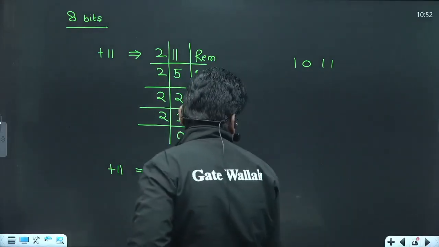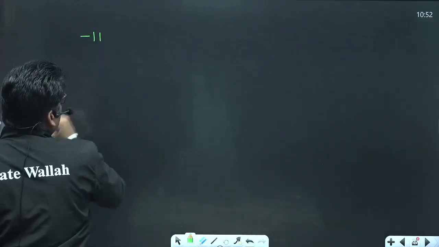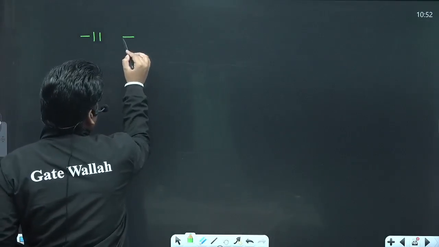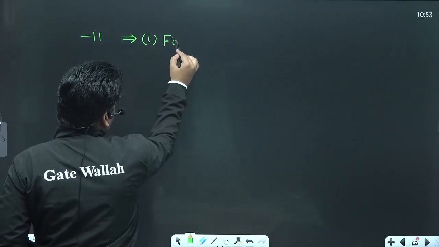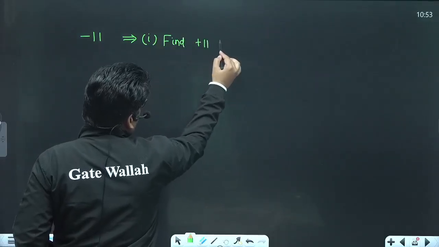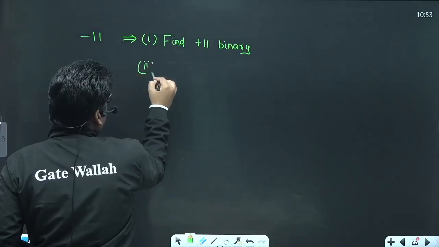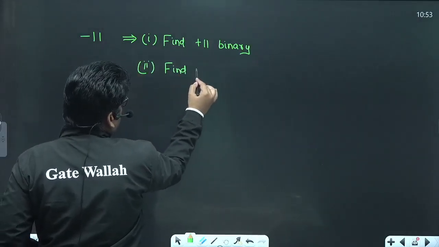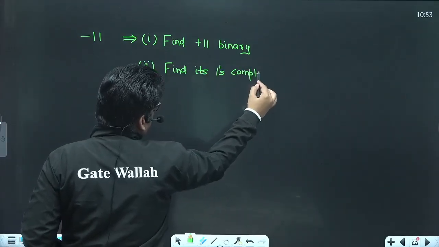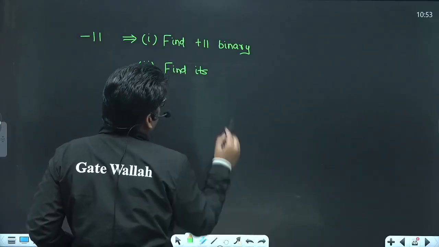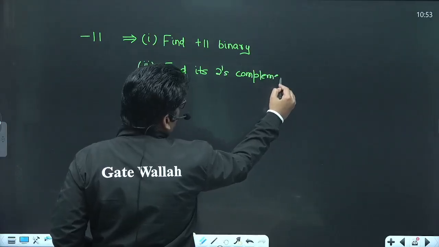Done, sir. Now, sir, I wanted to store -11. So what is the procedure? Try to understand. Find the binary of +11, find its ones complement, or directly find its twos complement, and store it.